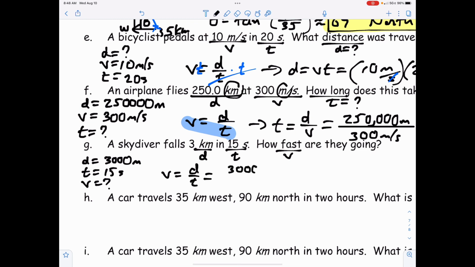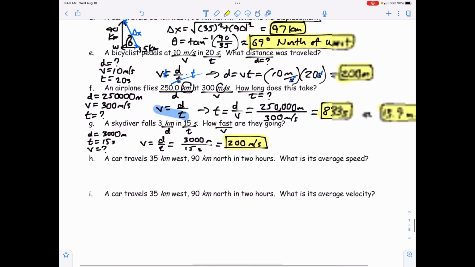We don't need to rearrange the equation. And we get about 200 meters per second.